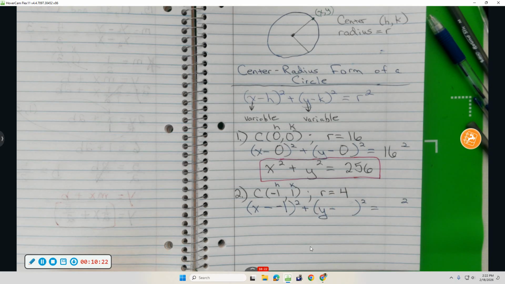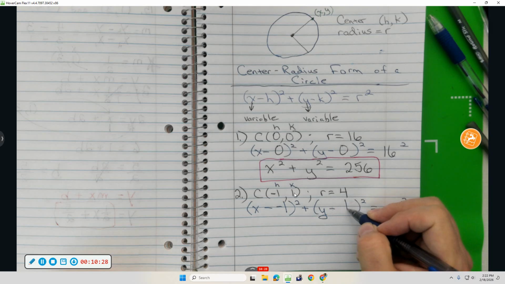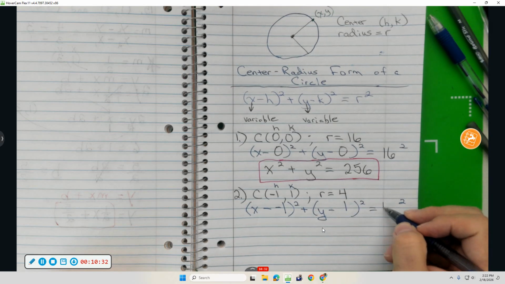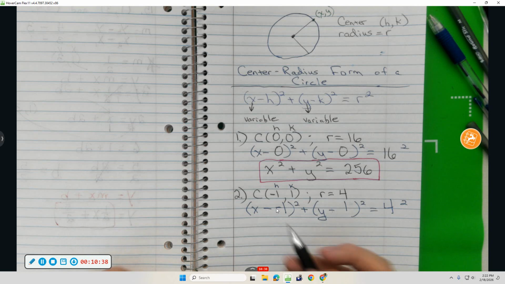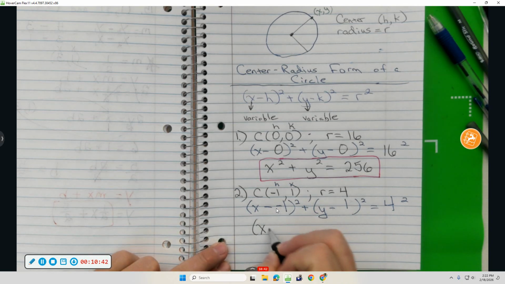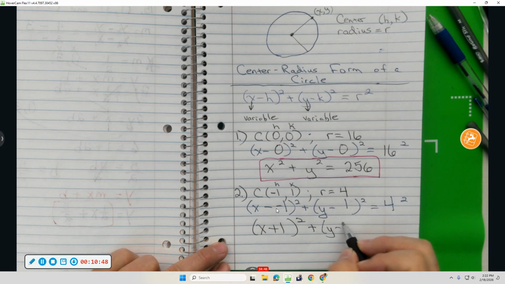We'll clean that up in a moment. We have a Y minus. What am I writing here? At +1. What number's being squared? 4. I'm not sure why they're using perfect squares in every one of these. X minus a negative becomes an X plus 1, and that'll stay a Y minus 1.